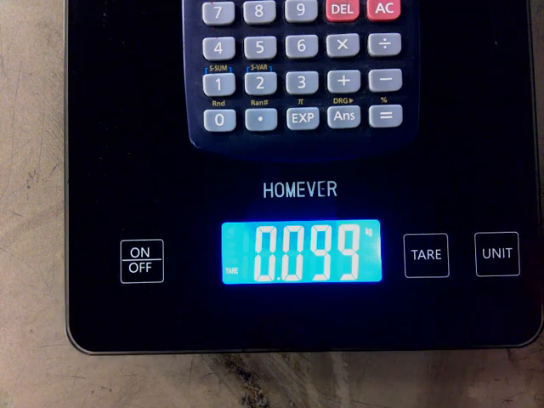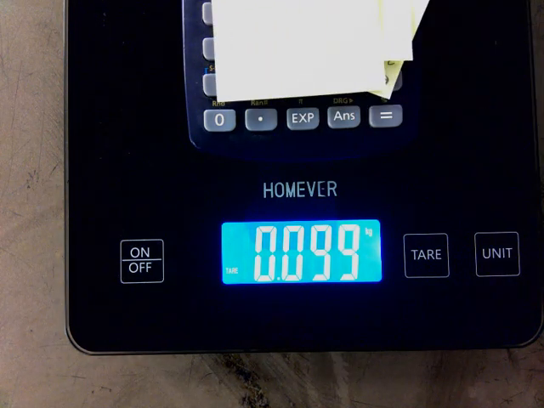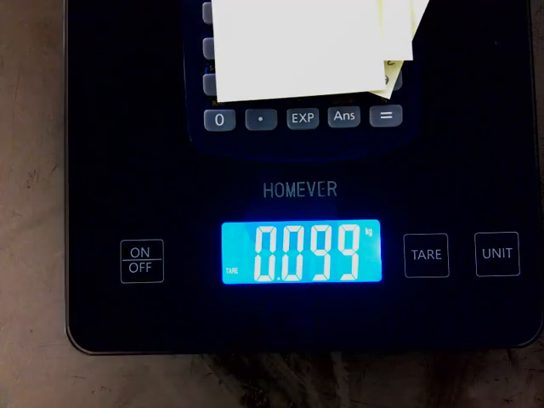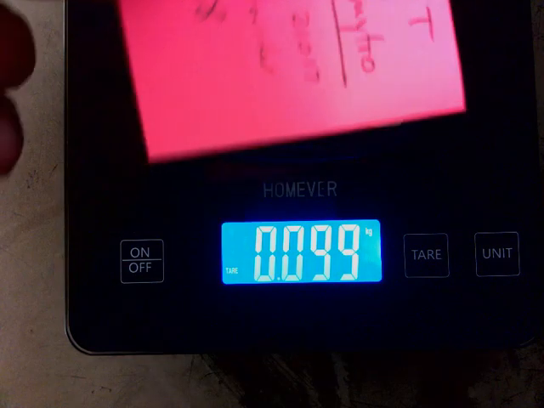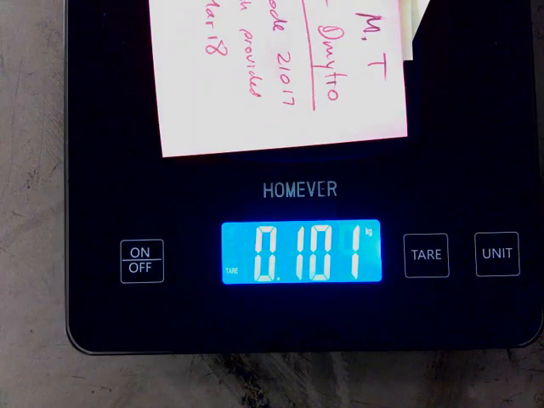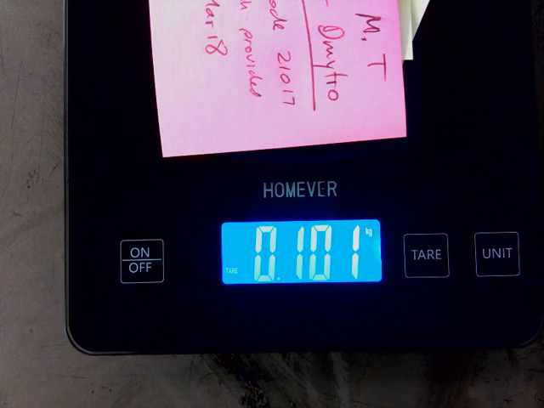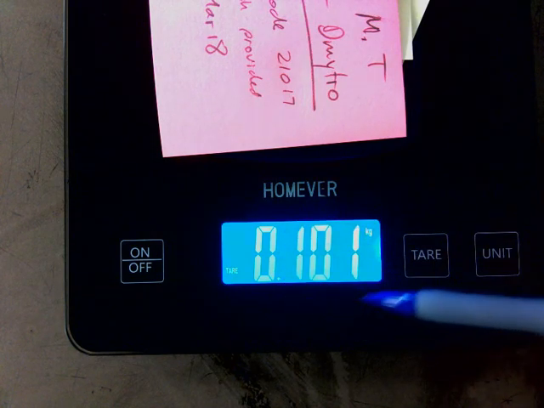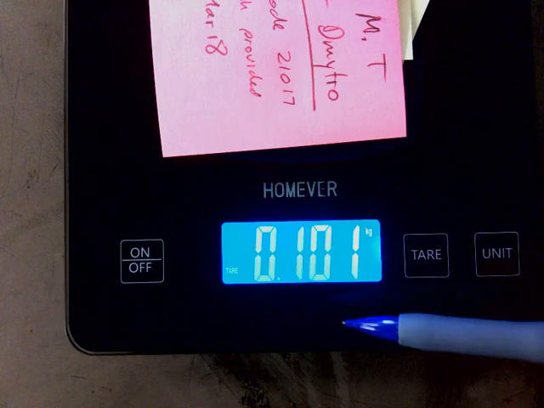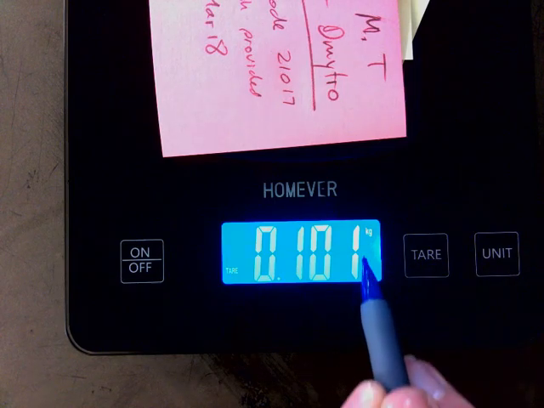So if I added some sticky notes to it, no. What else do I have that is just more sticky notes? How's that? This is going to be heavier probably. There, it goes to 101. But regardless, guys, pay close attention to this. Regardless of what this number is, look up here. The precision is here.